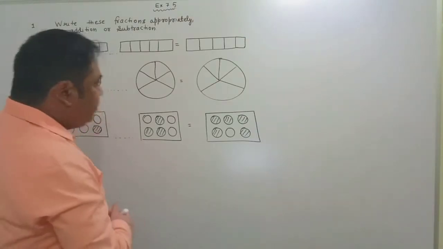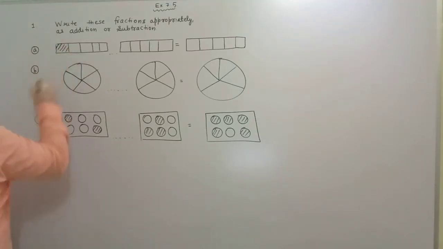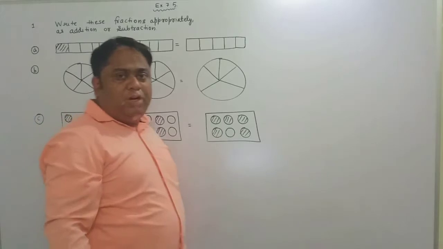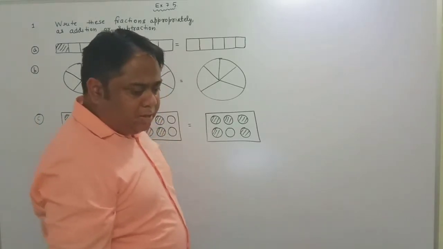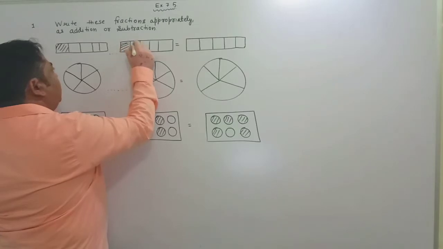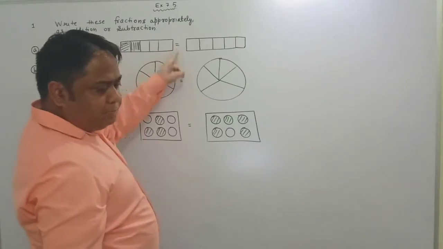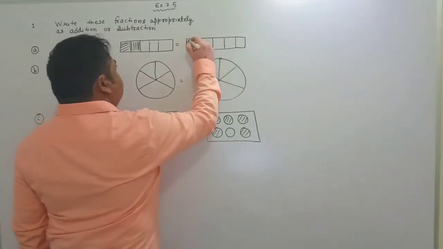In the first figure you will find that the first box is filled with color. In the second box, two boxes are filled with color. And after the equal to sign, three boxes are filled with color.